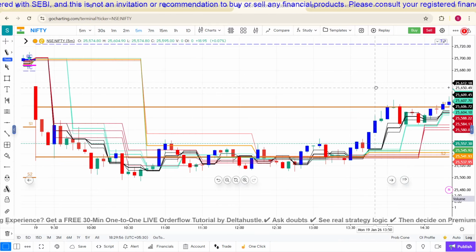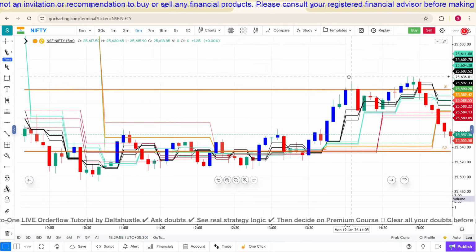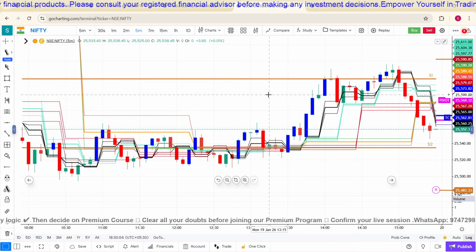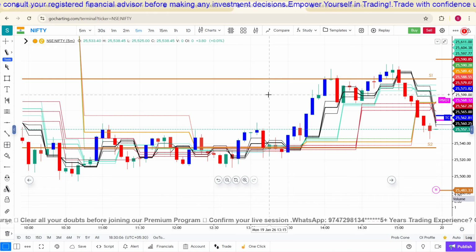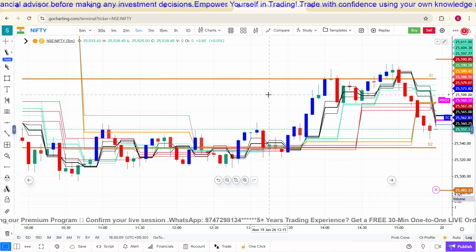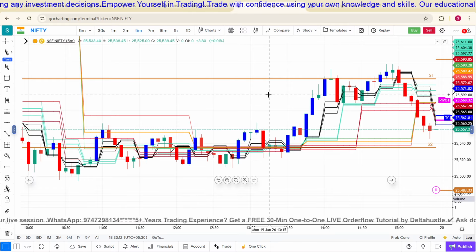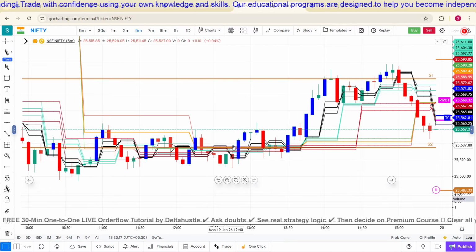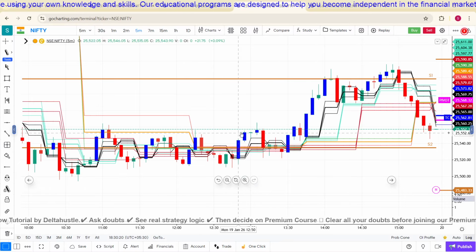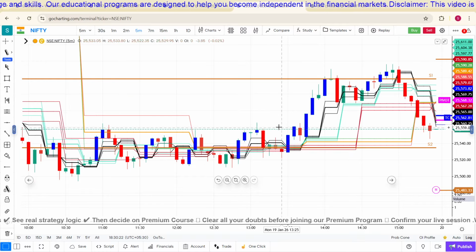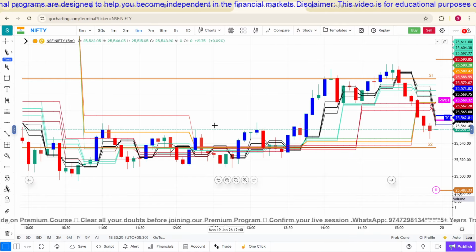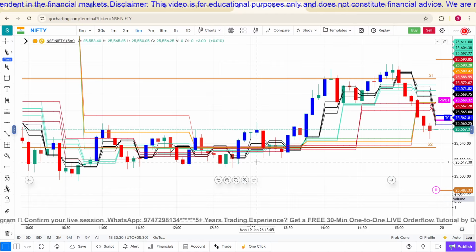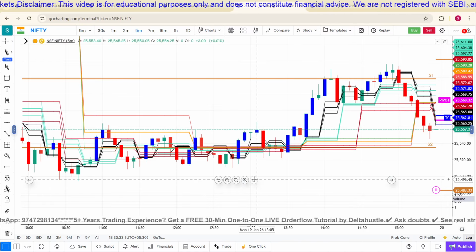So for analyzing the CPR day breakout, these three combinations, 15 minutes, 30 minutes, and 90 minutes, you can use in the best way. But another important factor is when a higher time frame CPR, suppose the 90 minutes CPR, is staying above, narrow, and the 15 minutes and 30 minutes are trading lower to it.